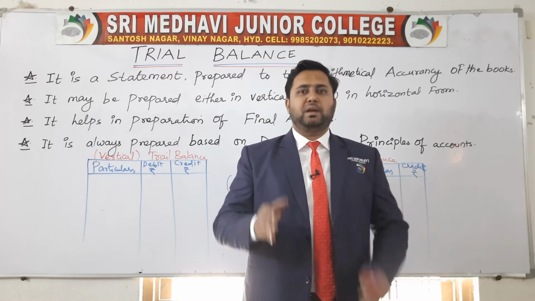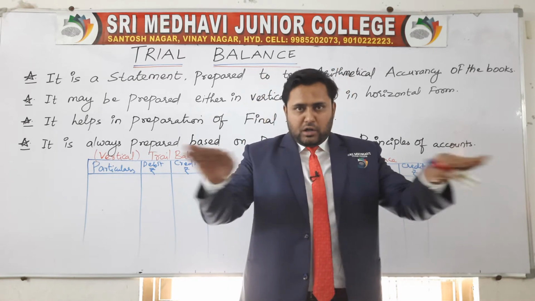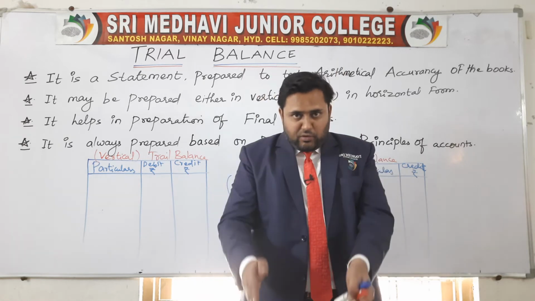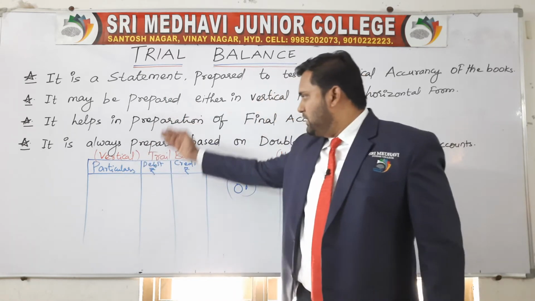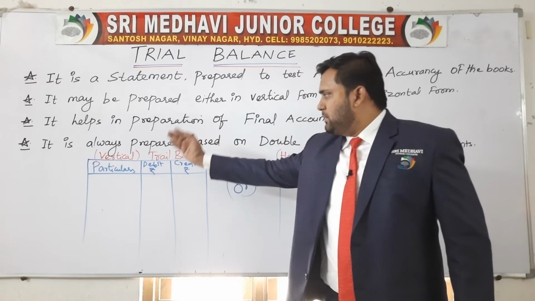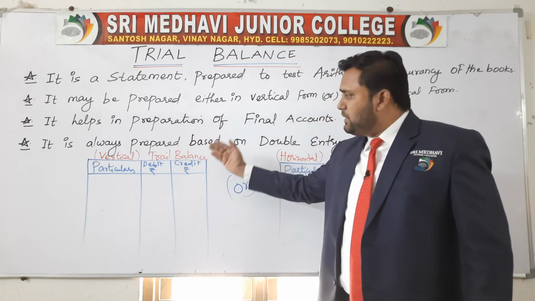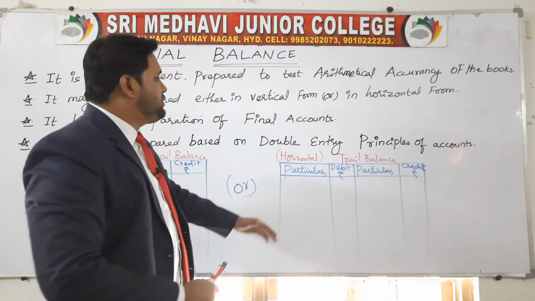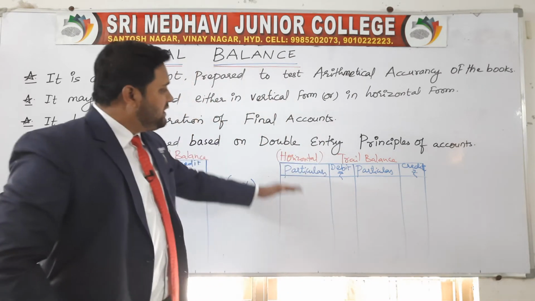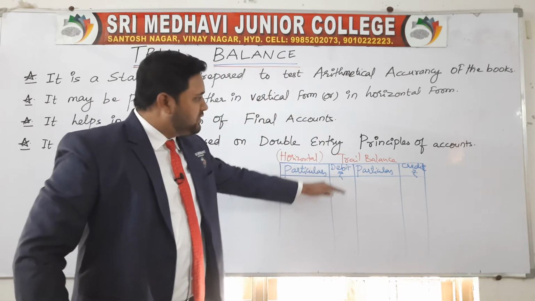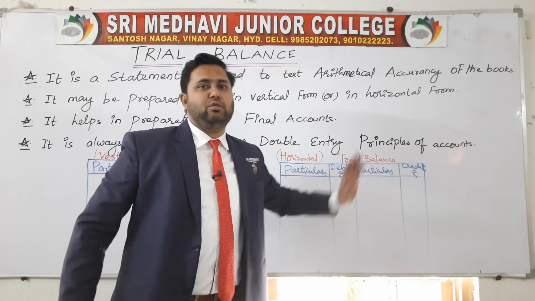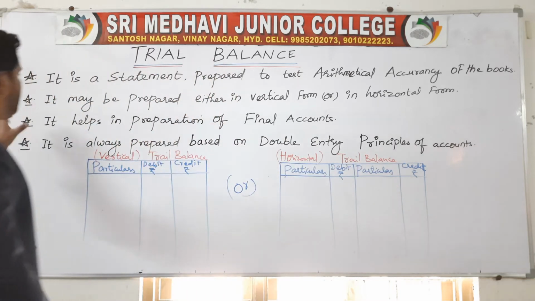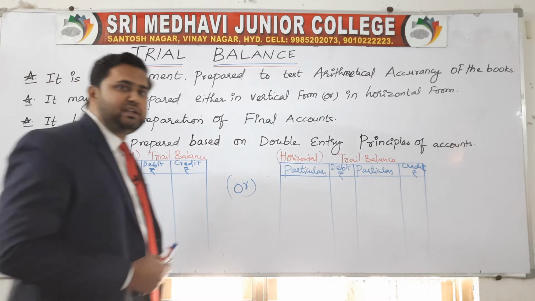Vertical form: particulars, debit amount in rupees, credit amount in rupees. Horizontal form: particulars, debit amount, particulars, credit amount. And it helps in the preparation of final accounts.